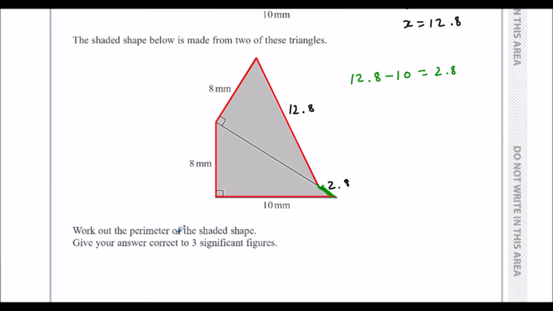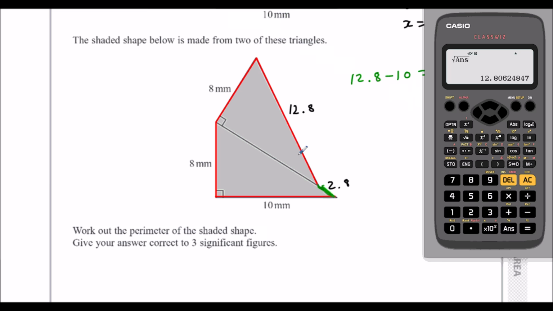So to find the perimeter, we just add them together. I'll start with 12.8 plus 2.8, and I'll work around clockwise. So 10, 8, and another 8.